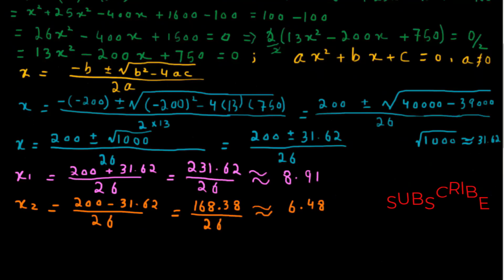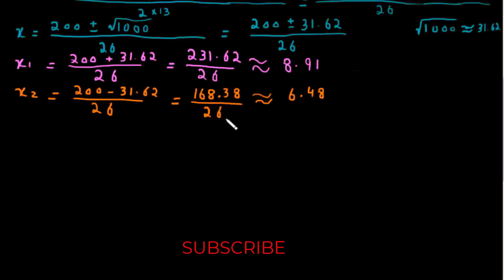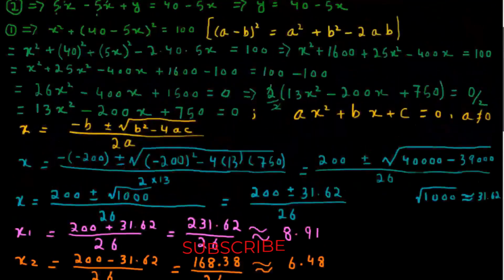Similarly, I will work to find the two corresponding values of y. Now as we got two values for x, similarly I will find two values of y. To find the two values of y, I will use this equation, that is y = 40 - 5x.